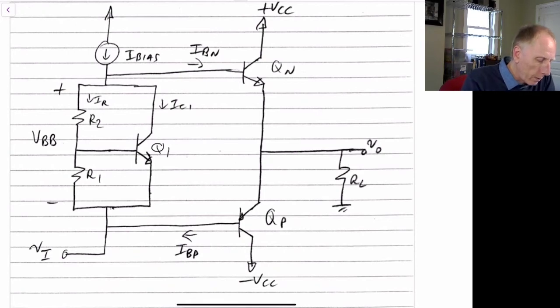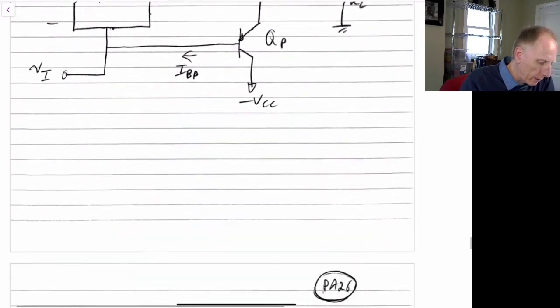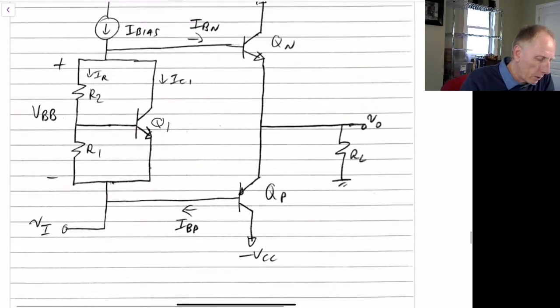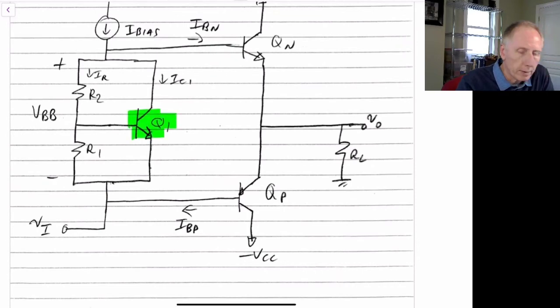So what we have now is this part of the circuit here, which is called the Vbe multiplier. And the reason it's called that is if we look at the equations for that, we'll start off and assume that the base current going into this transistor is approximately 0. So this transistor can have a larger beta associated with it because it's not driving a lot of power.